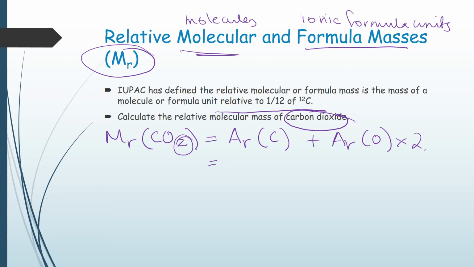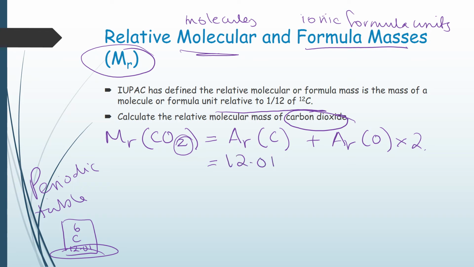Now we need to go to your periodic table. What you're going to do is substitute the carbon for the actual value. Once you go to the periodic table, you can see that carbon, which is 6 carbon 12.01, has a relative mass of 12.01.